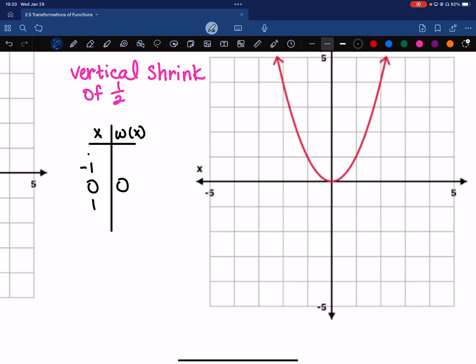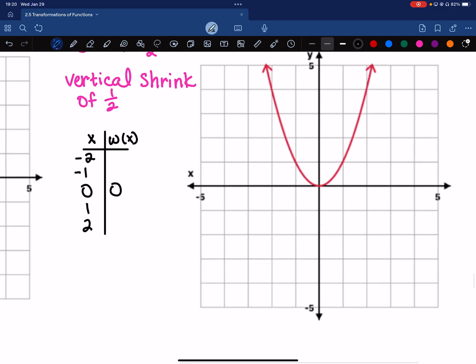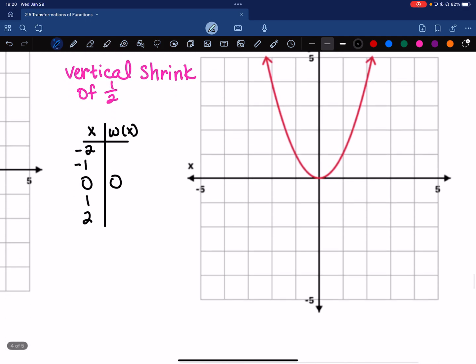So on this one, I would probably use -2 and 2 just so I get some nice whole numbers to graph if you had to physically plot points. Or you can look at it this way, same concept, get some points from here. So there's (0, 0). I'm going to go ahead and do (2, 4) and (-2, 4).